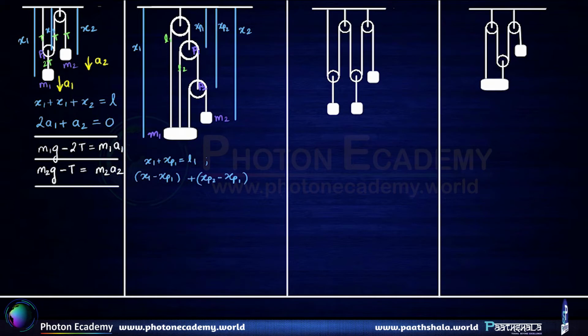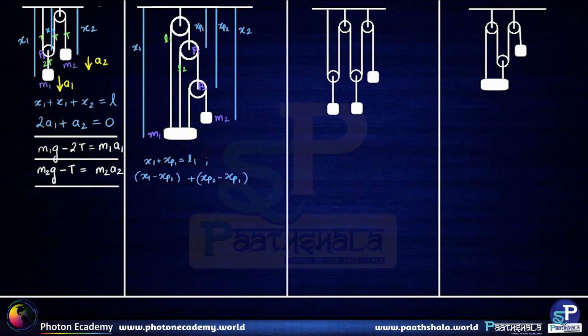I encourage the student to observe this particular fact, and this happens to be equal to L2. So x1 minus xp1 is this much part of the length of the string and xp2 minus xp1 is this much part of the length of the string. Note that in earlier questions we have taken the pi r length of the string that goes over the pulley as well. It gets differentiated down to be 0 when we differentiate these equations. That's why we are not taking the same as of now.